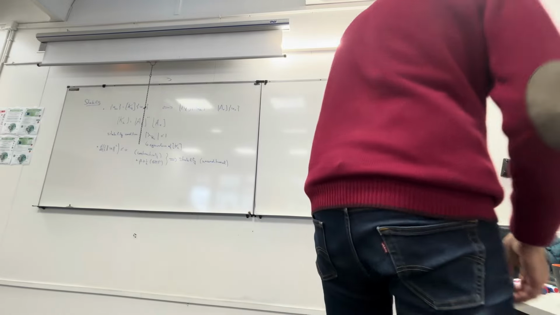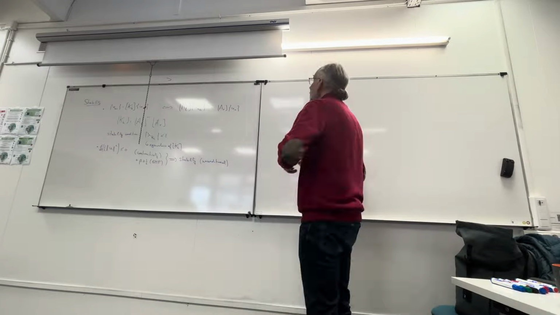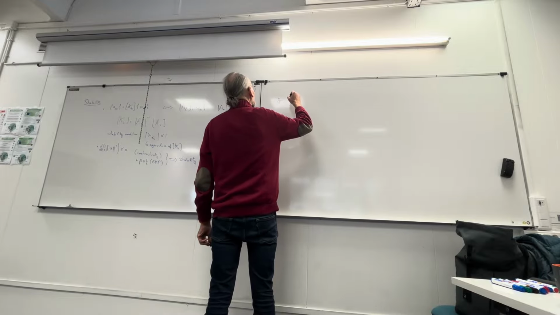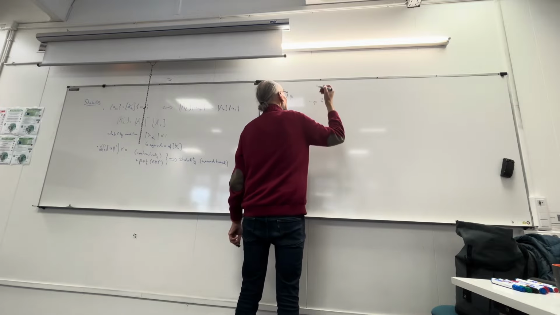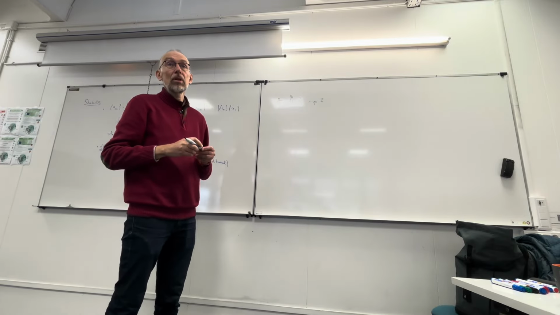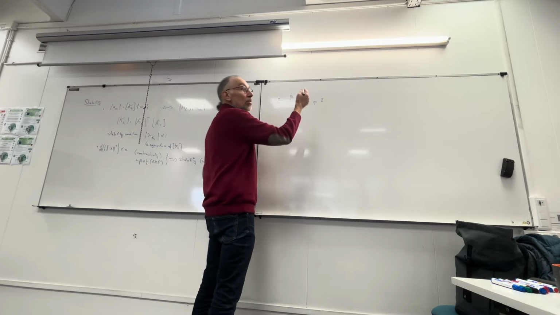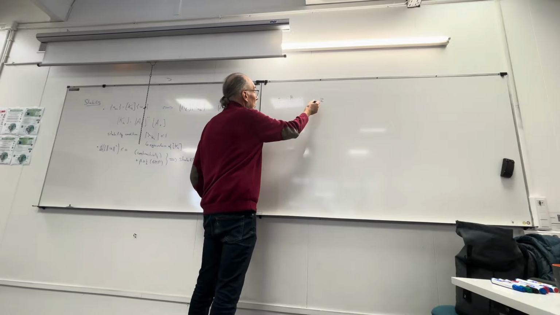Okay, so this is the way to, you can write the equations directly. This is my constitutive equation, the function sigma of epsilon and b.